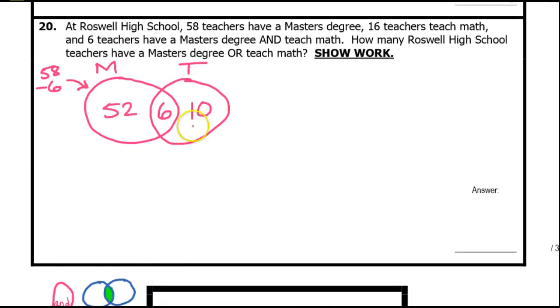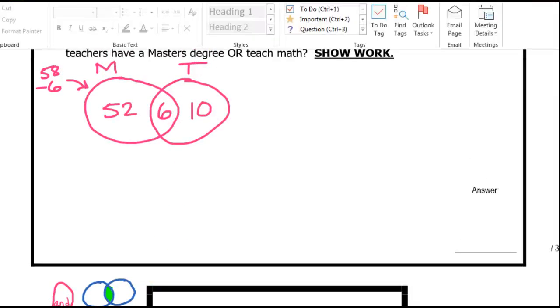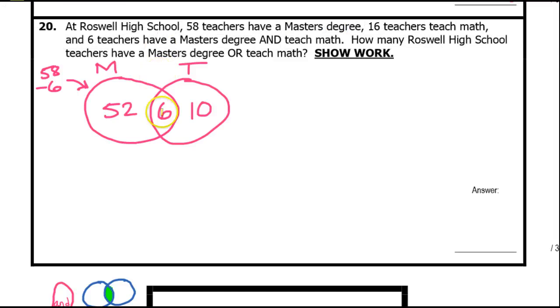So when we say math teachers or master's degree, we're talking about all of both. We're talking about all of this. Basically all we have to do is add these three numbers, and that will tell us how many teachers have a master's degree or teach math.